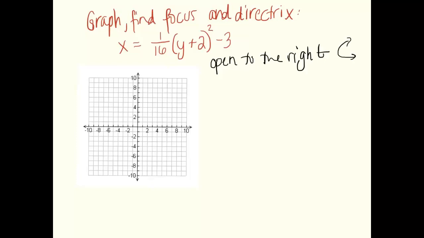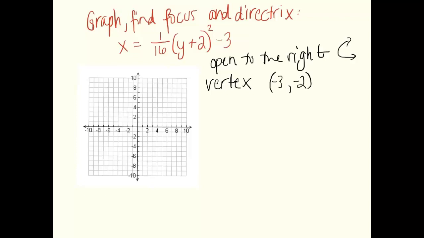One thing we can tell from this equation is the shift, but we have to be careful. Since now x and y have switched spots, our vertex here is not -2, -3, like you might think. Because it's a sideways parabola, the way I always think about equations is I'd like to know some points that make this equation true. So in this equation, I can see that if y was -2, then x would end up being -3.